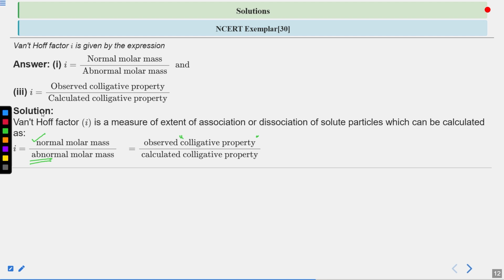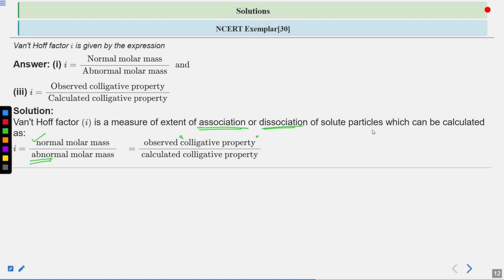Okay, so the van't Hoff factor is basically used to measure the extent of association and dissociation. Association is basically the forming of groups of different molecules. Dissociation is basically the dividing of a molecule into different atoms or elements.